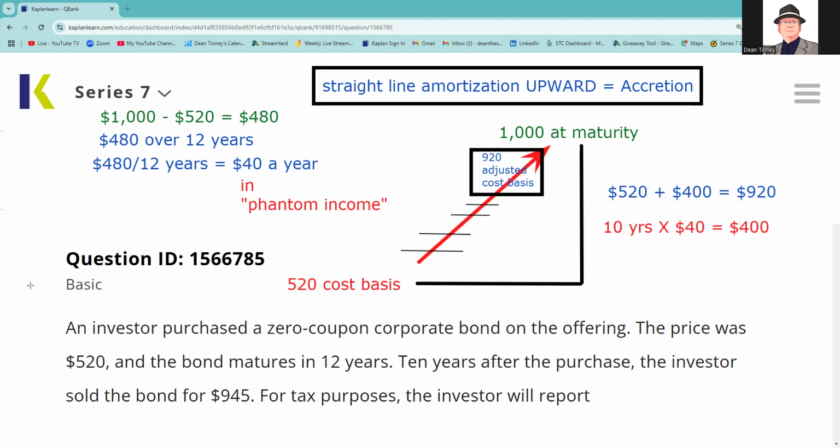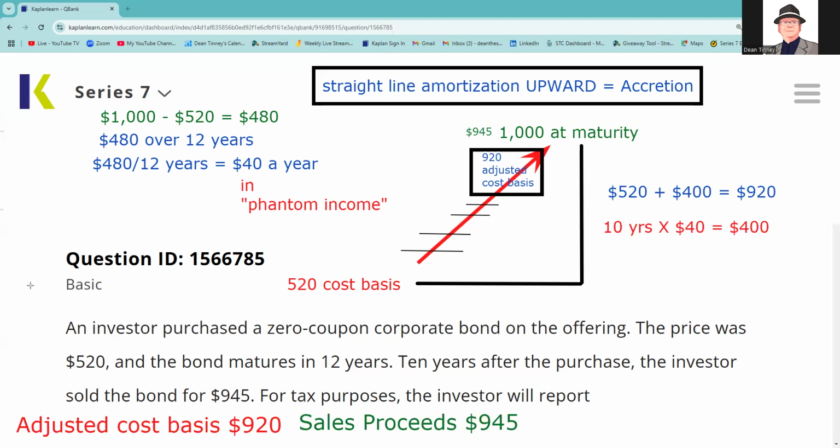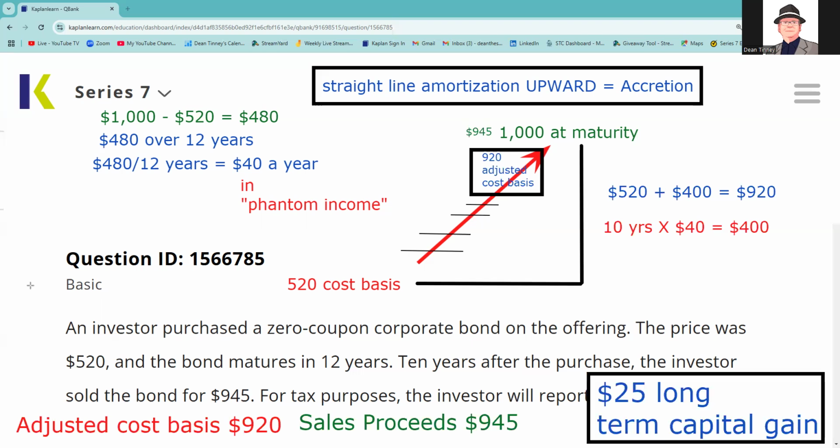It says I sell it for 945. Well, we've been at risk for more than 12 months, so that 945 is a $25 long-term capital gain. That is the answer to the question, right? My adjusted cost basis is 920, sales proceeds are 945, so I have a $25 long-term capital gain.